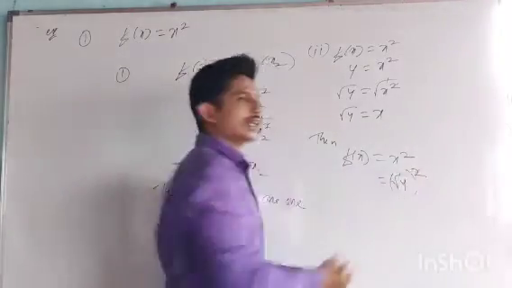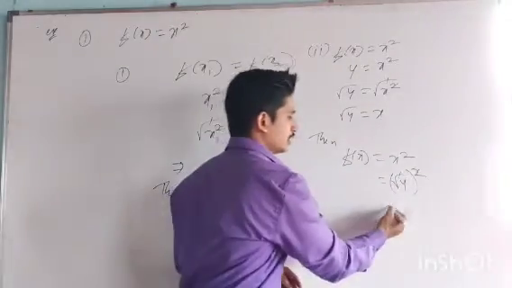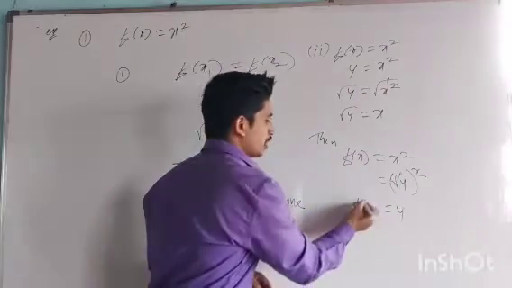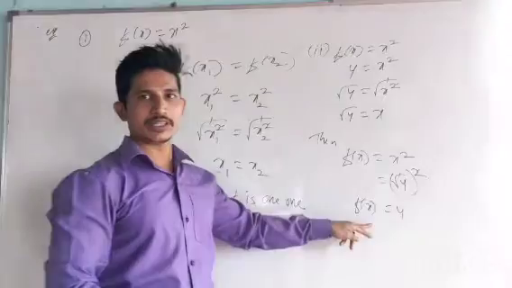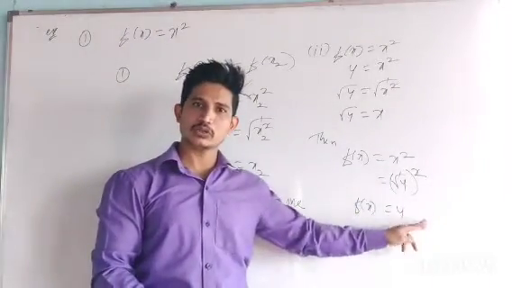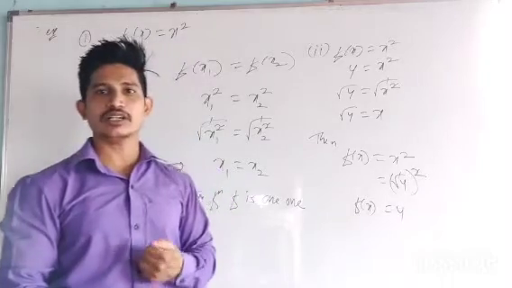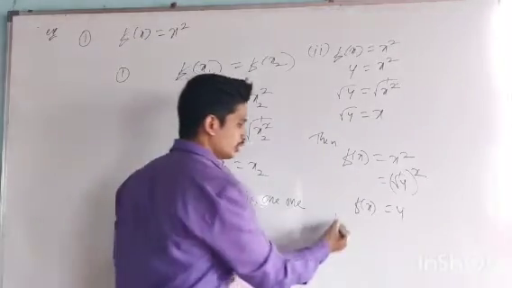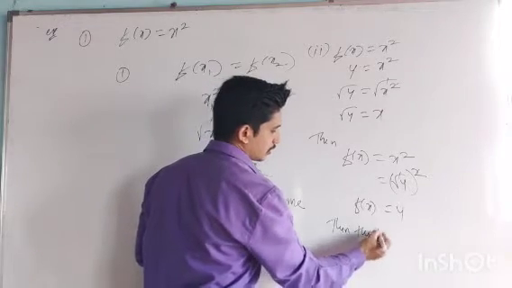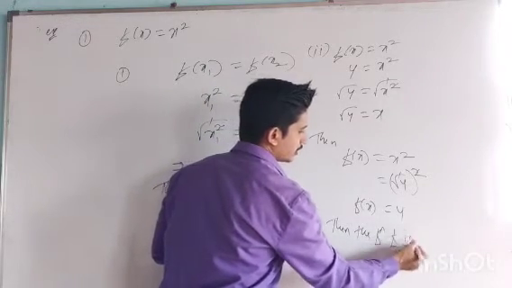Square and root will get cancelled. Then the answer is y. So f of x is coming equal to y. Then the function is called onto function. Then the function f is onto.